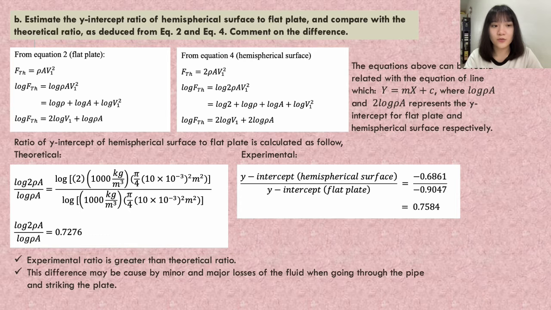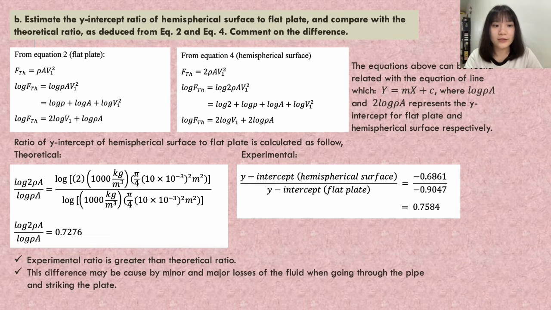After adding log to both sides, we get log theoretical force equals 2 log V1 plus log rho A, and the same goes for the hemispherical surface using equation 4. The equations relate to the equation of a line, y equals mx plus c, where log rho A and 2 log rho A represent the y-intercept for the flat plate and hemispherical surface respectively.